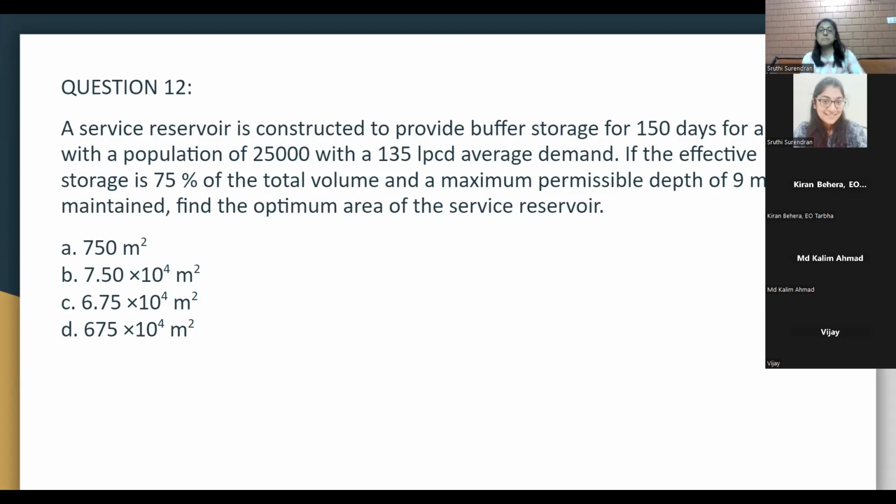Mujahid, were you able to get an answer? Okay, you say it's B. Shall I move to the solution part, or does anyone need more time to try solving it? Okay, I think I'll go on to the answer.